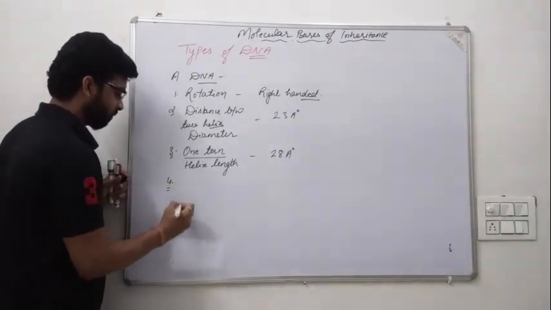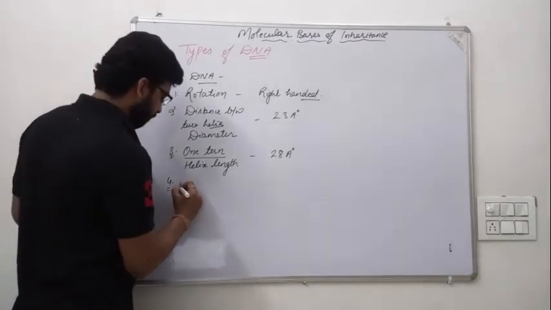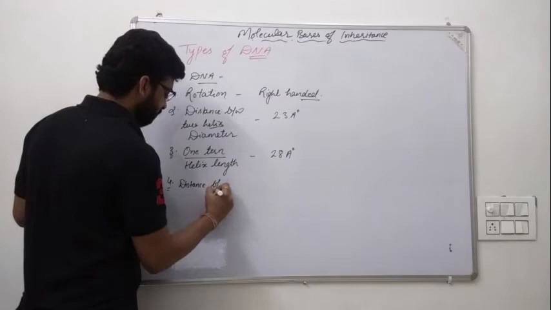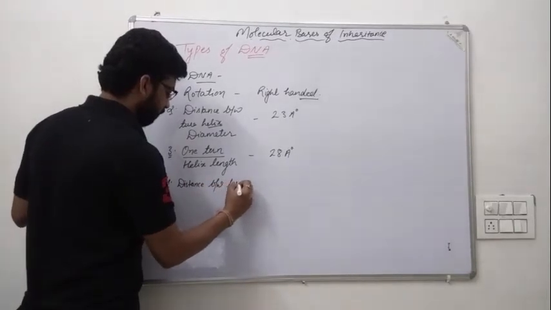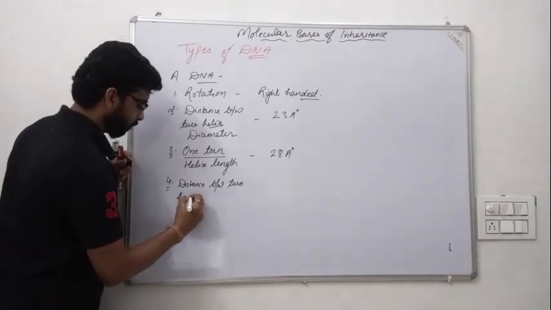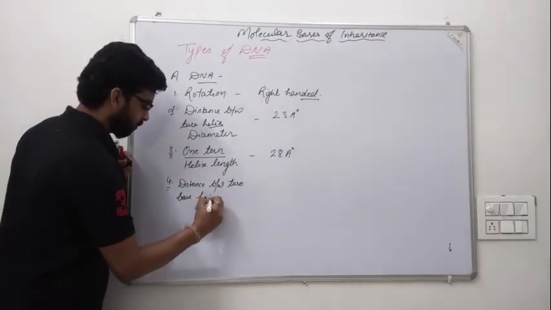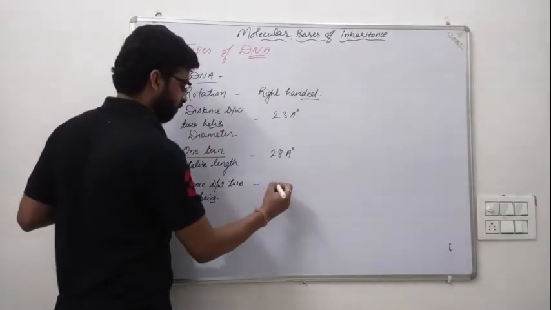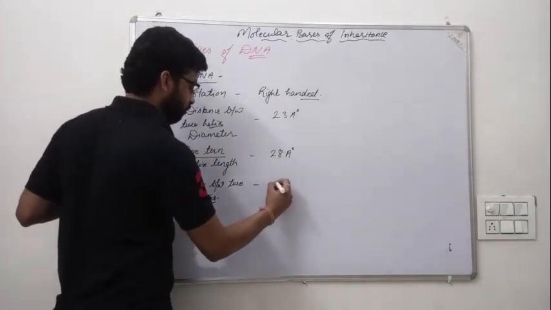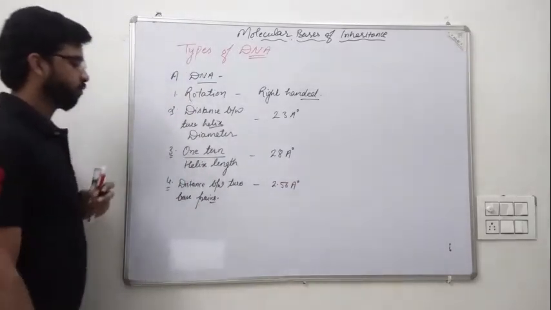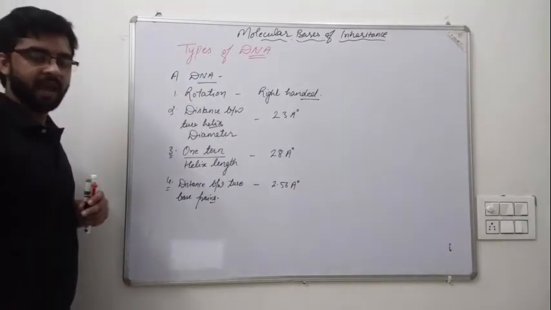Fourth is the distance between two base pairs, 2.56 angstrom.